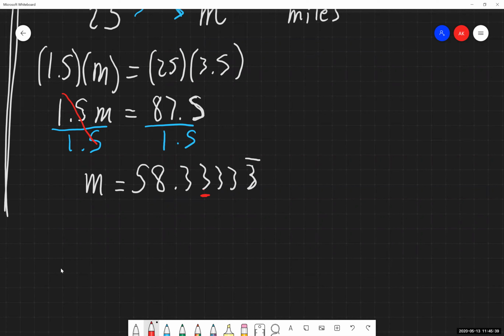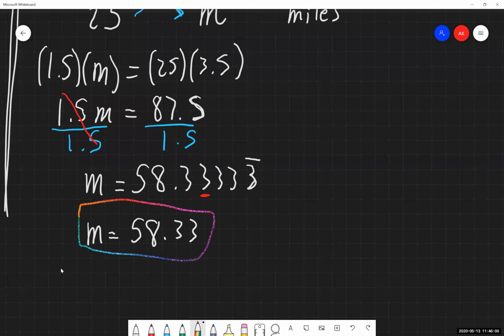If that number is 5 or larger, I round up. If it's less than 5, then I round down and leave the value exactly as it is. So when I round this accordingly, I'm getting 58.33 for the final answer. Technically, this is approximately equal to, but same idea.